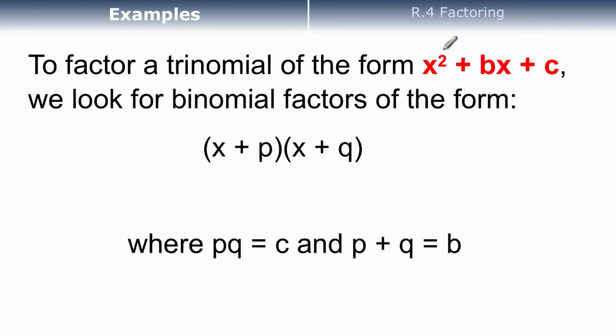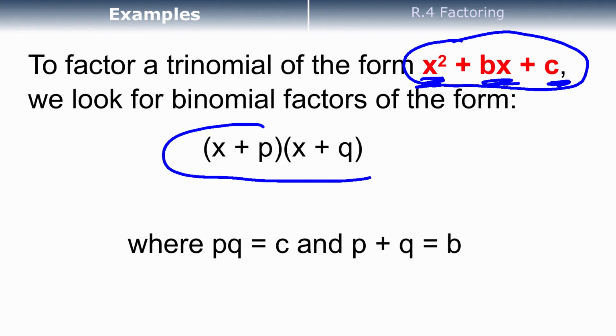Now, if I have an expression of this form, x squared plus bx plus c, or x squared plus something x plus a number, it's possible that I could break that down or factor it into something of this form here.